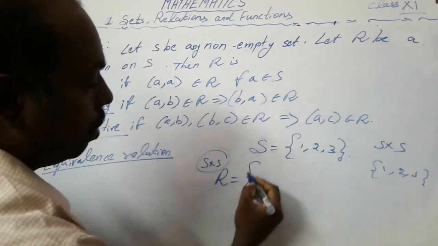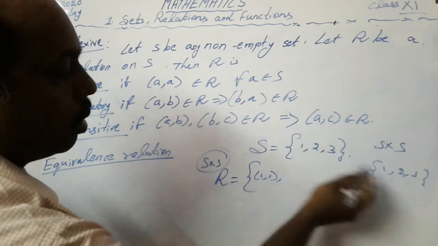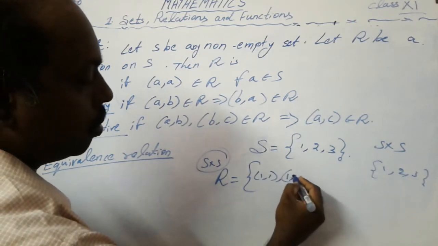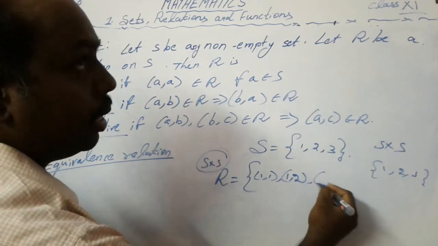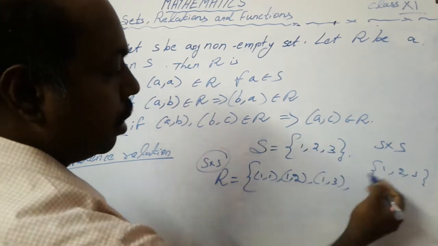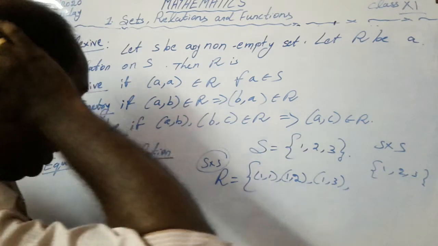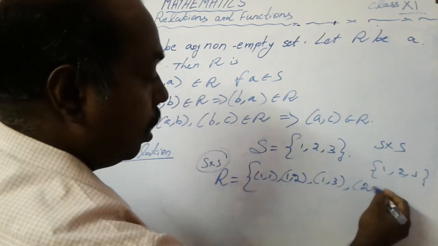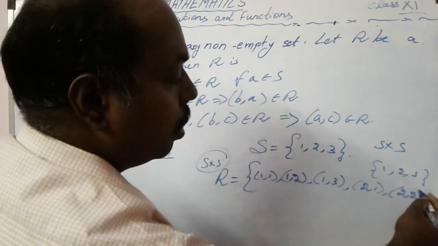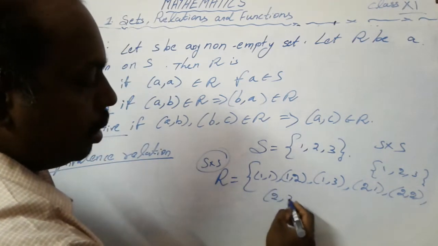R equals, say, (1, 1), (1, 2), (1, 3). Then (2, 1), (2, 2), (2, 3).